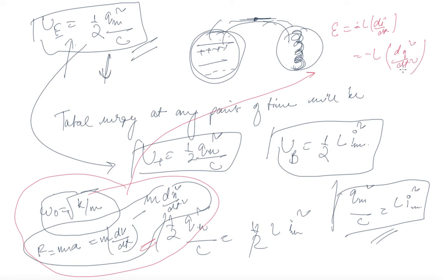This was what we had arrived at. Now, comparing this, the angular frequency omega is given by 1 by root over LC, and if you compare this with omega naught equal to root over k by m, this is a conservative force. So similarly, we can say that it is also oscillating, and the oscillating frequency is given by 1 by root over LC. This is the combination that we can make.